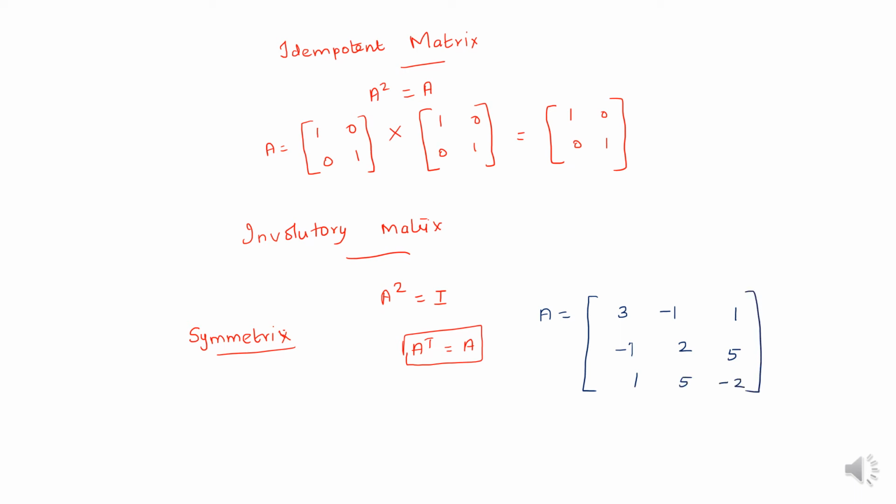So இதோட A transpose என்ன? A transpose equal to, first of all I am going to write this column elements into row. Column row நம்ம interchange பண்றோம். So minus 1 2 5 minus 1 2 5 1 5 minus 2. இப்போ ரெண்டையும் நம்ம கம்பேர் பண்ணுறப்ப போத் வந்து ஈக்குவலாக இருக்குது. ரெண்டும் சேமாக இருக்கிறதுனால This is symmetric matrix.